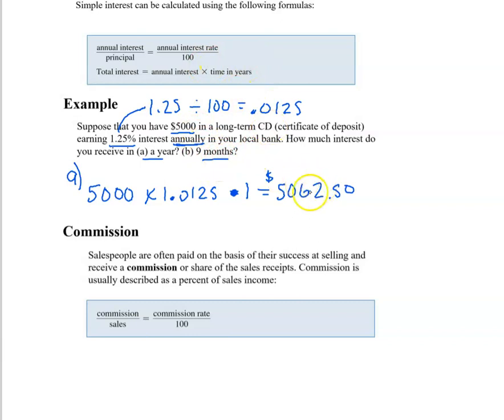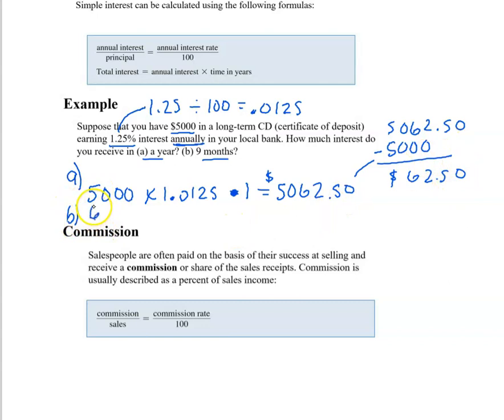Now, when we look at this and we're multiplying, we're going to know what happens in 9 months. And the interest, I guess this is our total, right? So we started out with $5,000. To get just the interest part, we would want to subtract those two, and we would see that we got $62.50 interest in 1 year.